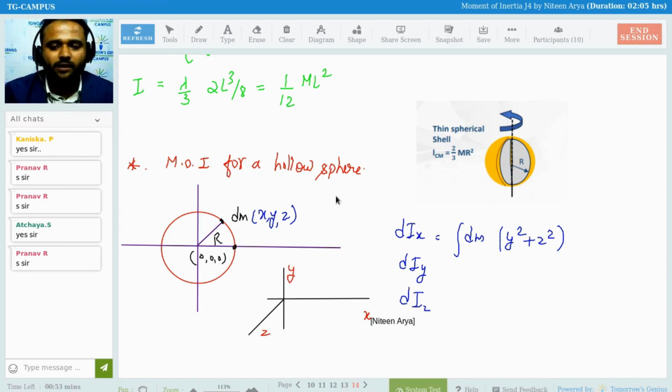And how can I write x square, because dIx is small dm into x square? How can I write x square equals y square plus z square? For any particular axis system in 3 dimensions, the distance on x is going to be this. As you can see, there is a y distance, right?